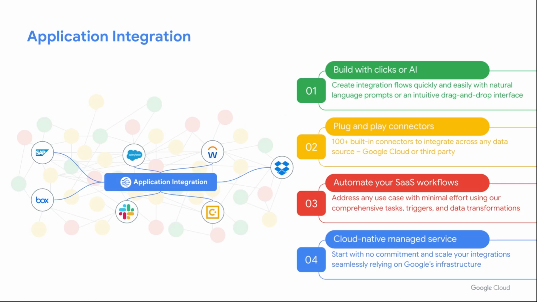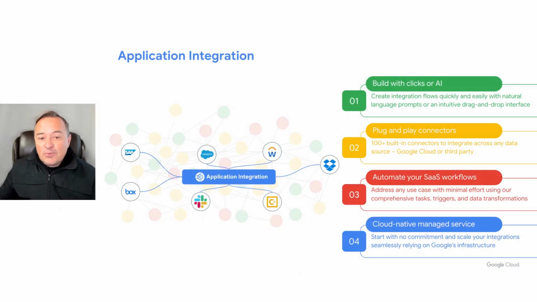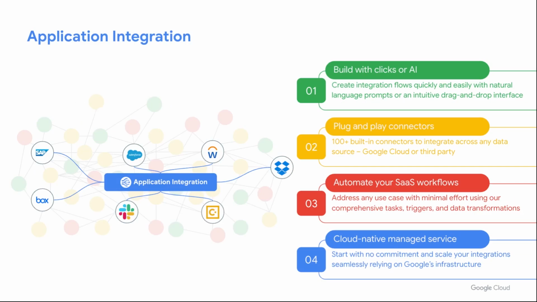We have actually a natural language interface now that you can build integrations with. And we provide over 140 plug and play connectors. This number keeps increasing every quarter as we build new connectors. So this helps you to quickly connect to those applications right out of the box. You can automate your SaaS workflows and address any use case with minimal effort.